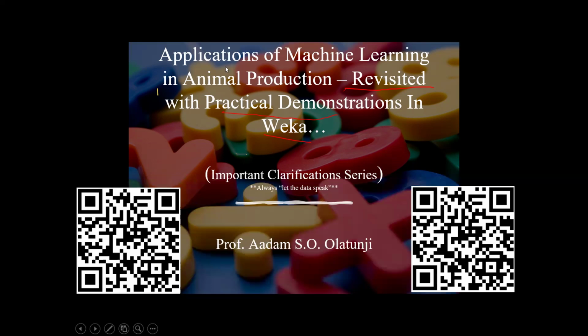Under our important clarification series, the team is always: let the data speak. We have to make sure we are using the right approach, doing things right, so that we will not miss important insight from the data.